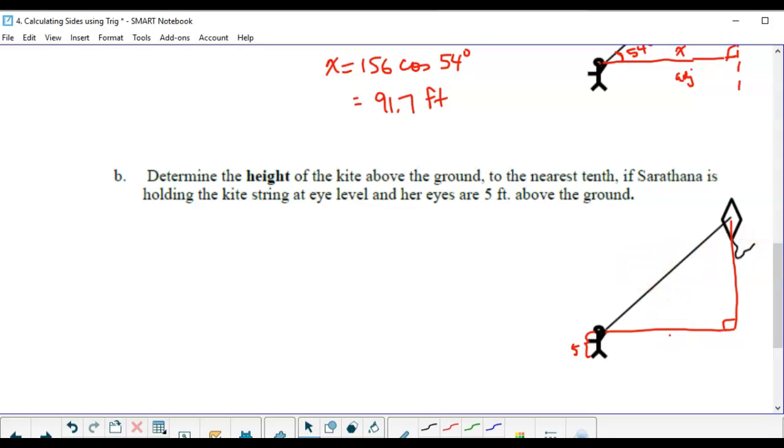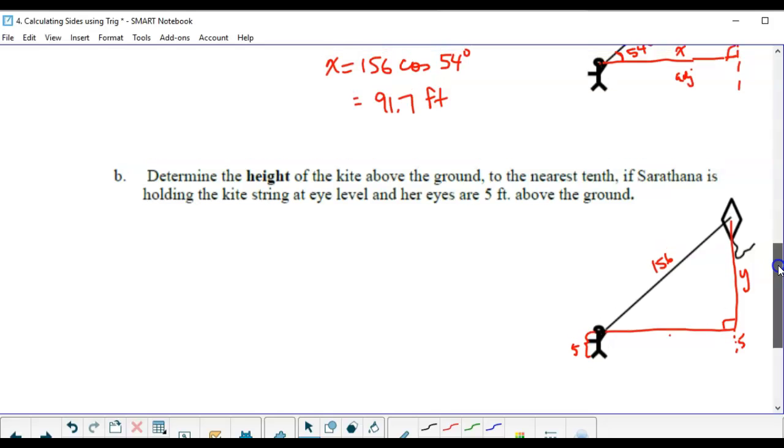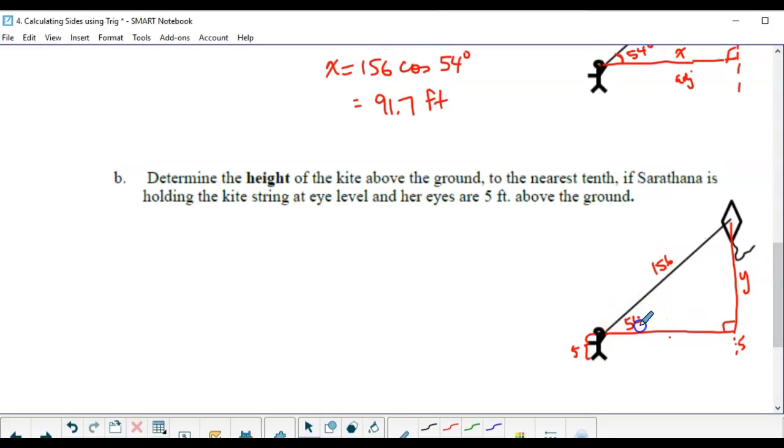This is 156. And so we want to know the entire height, right? So this is 5. Now we want to know this part here. And this angle of elevation was 54 degrees. So we want to use opposite over hypotenuse, which is sine.